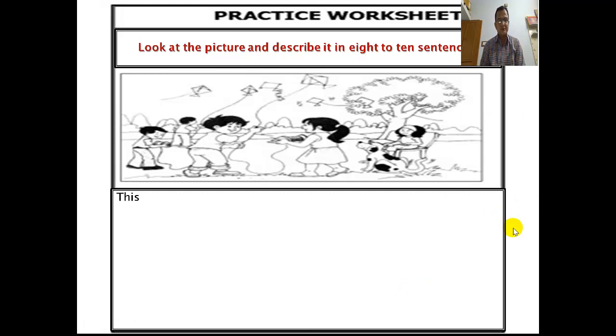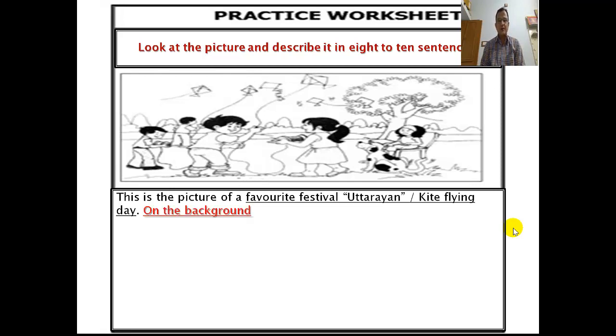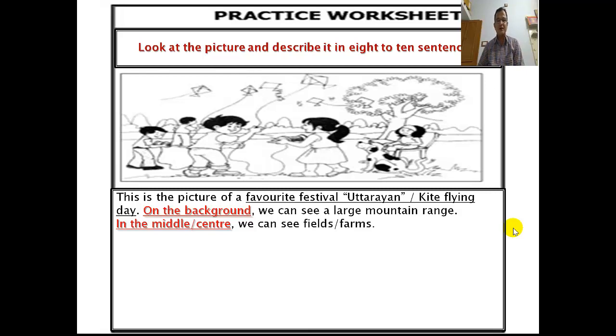In the middle or center we can see fields, farms. On the foreground we can see children with their kites. On the left there is a boy with a firki in his hand. His friend is flying a kite. It is very high in the sky.